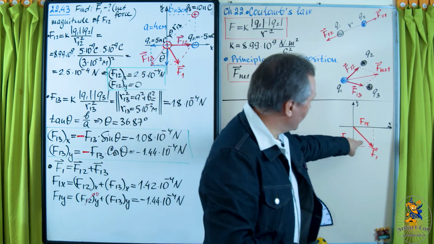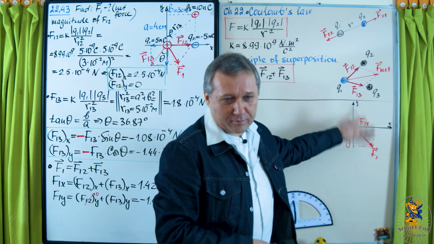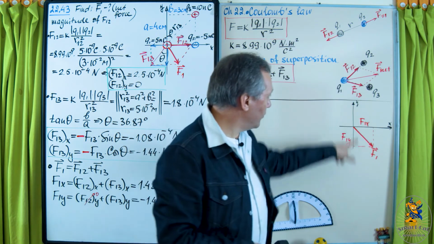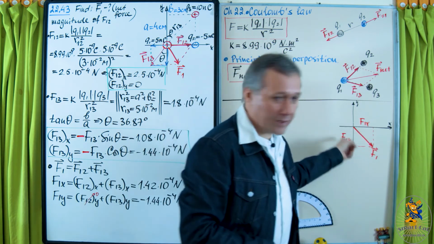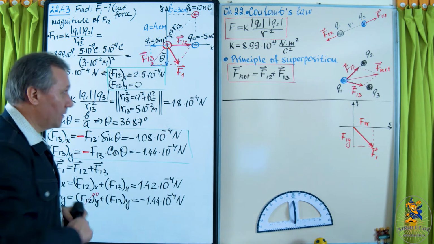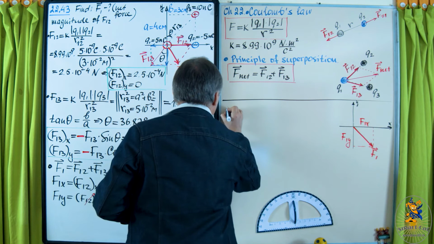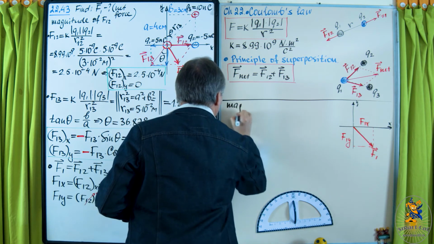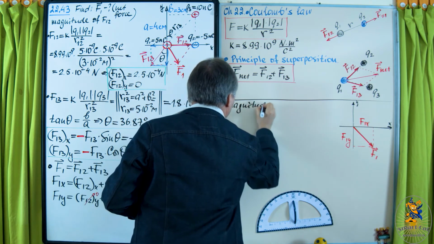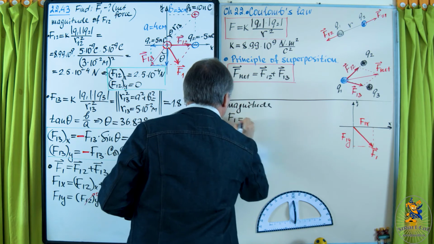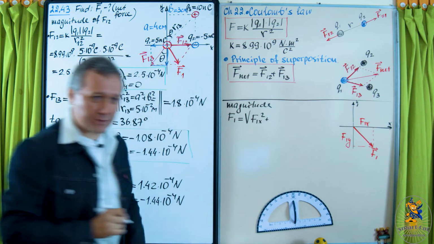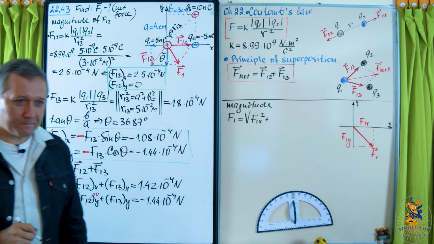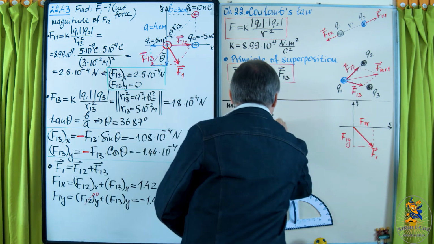So of course, the magnitude of F1 is just the Pythagorean theorem, because this is just a right triangle. Let me emphasize that. The magnitude F1 equals the square root of F1x squared plus F1y squared.